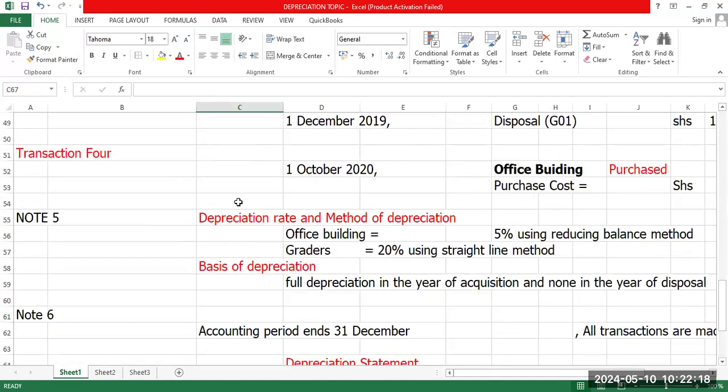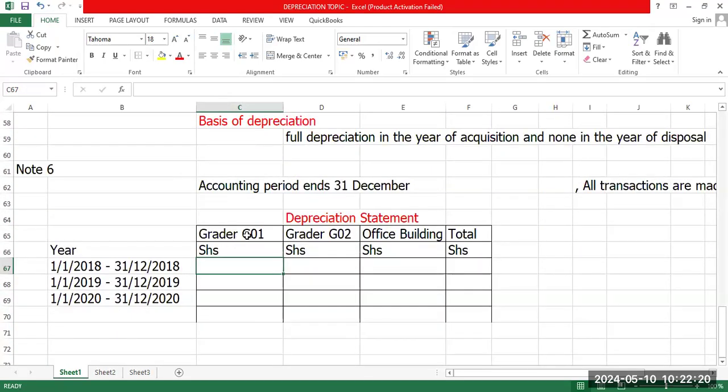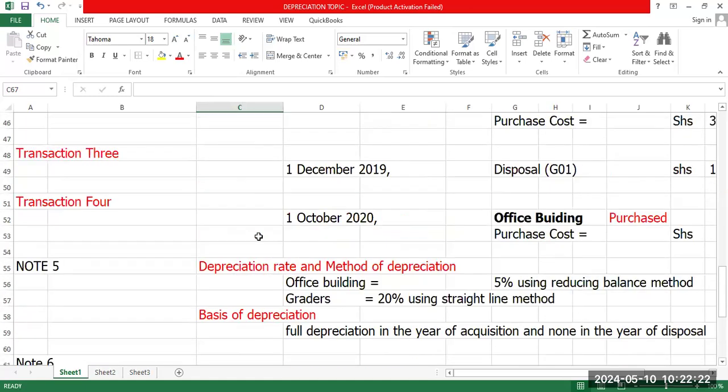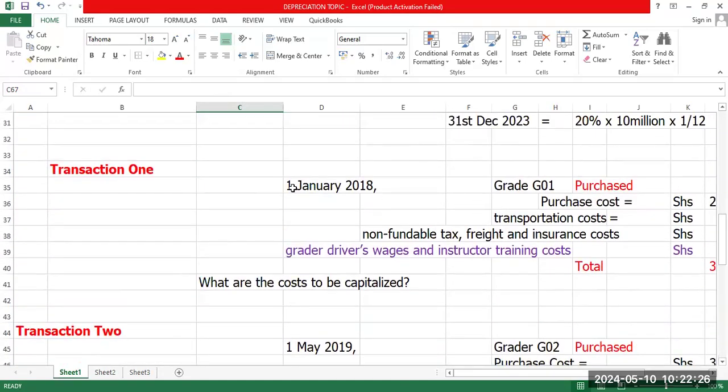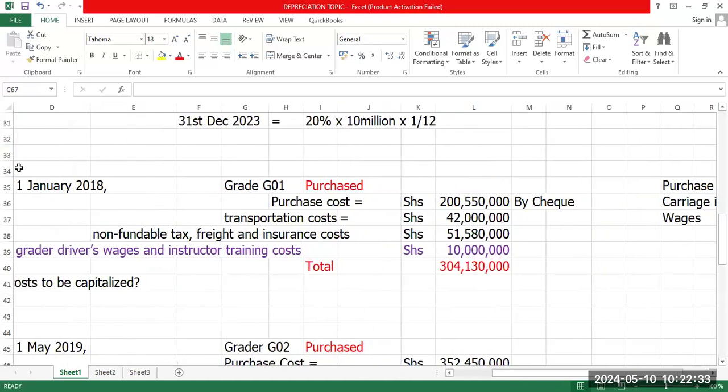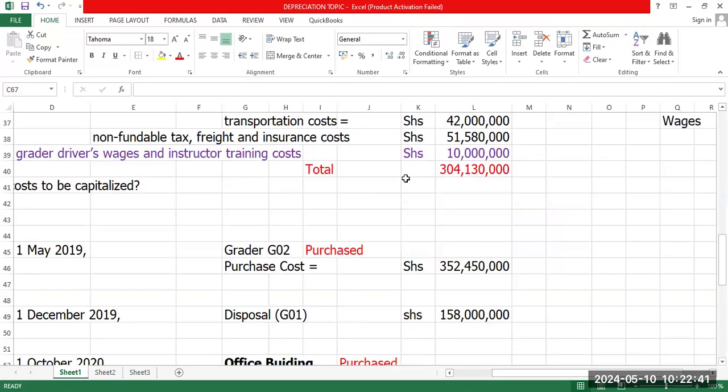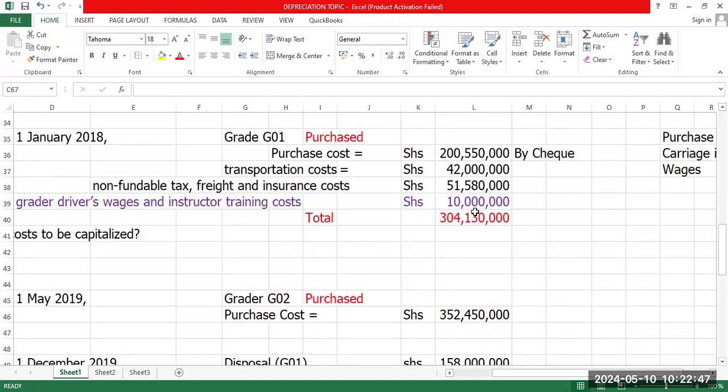So you ask yourself, when did you purchase grader 1? We go back to our transaction 1. We purchased our asset on 1st January 2018, and we are dealing with 2018. Grader 1 was purchased, and the cost we rely on to give depreciation is this one. This is the total capitalized cost.